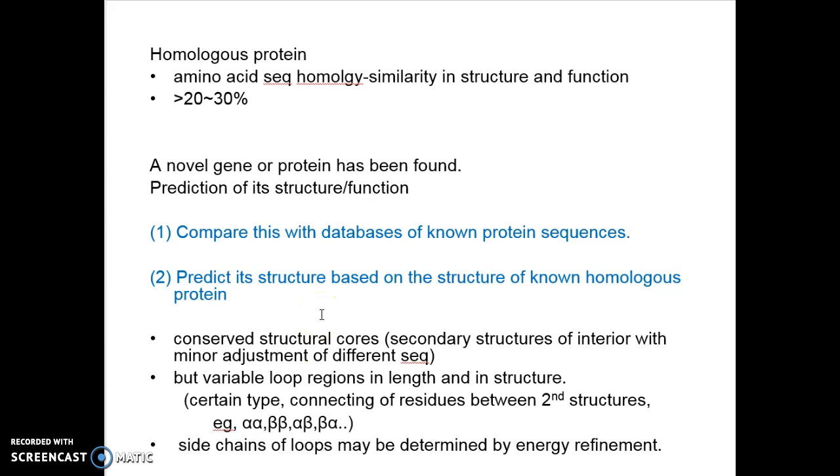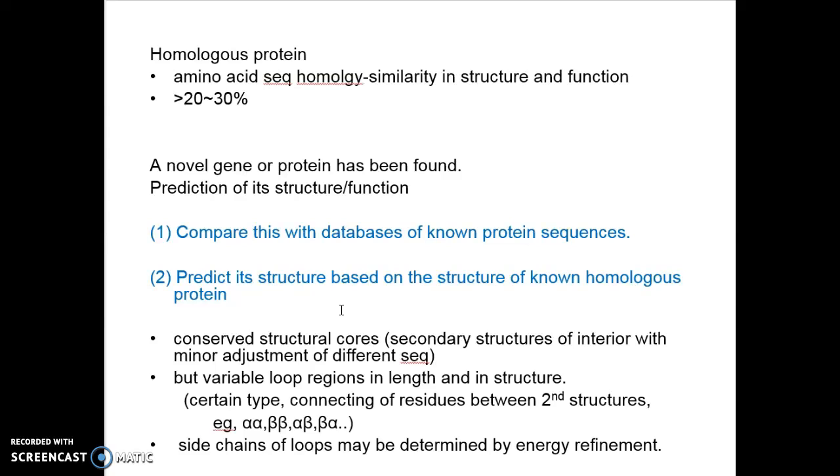Homologous proteins always contain a core region where the general fold of the polypeptide chain, called the scaffold, is very similar. This core region contains many of the secondary structure elements that build up the interior of the proteins. In other words, the scaffolds of homologous proteins have very similar three-dimensional structures.